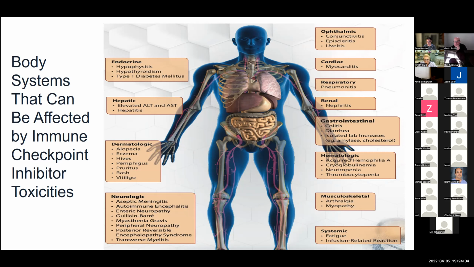I had a gentleman, about 3 years ago, get 1 dose of immunotherapy, and he presented with generalized weakness and actually had myasthenia gravis as a toxicity and died from myasthenia gravis. And the problem with these immunotherapy toxicities is we cannot predict who will get it, which one they'll get, how bad it'll be.